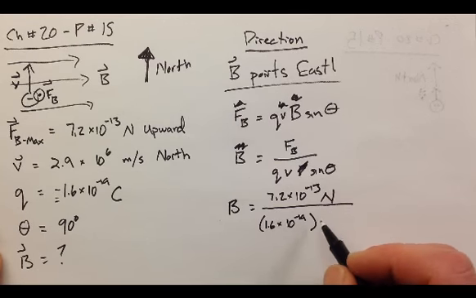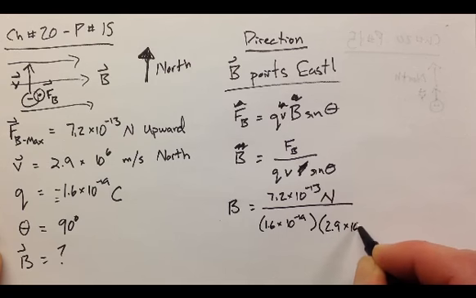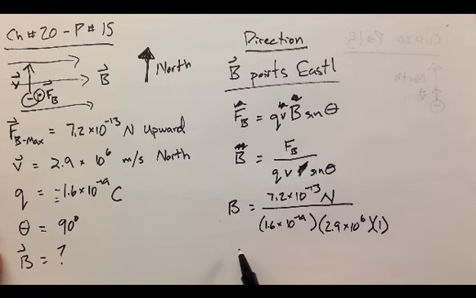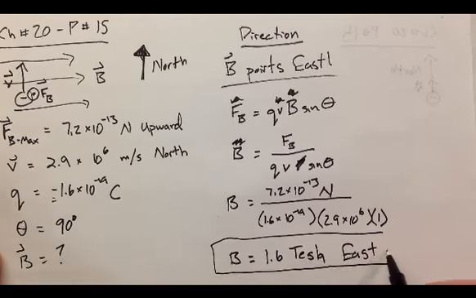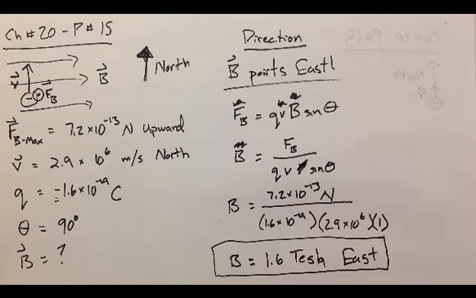Our speed, as we said before, was 2.9 times 10 to the 6th, and sine 90 degrees is 1. If we plug all of that in, we get a magnetic field strength of 1.6 SI units, which is the Tesla, and again, that was east. So the magnetic field in this region of space points east and has a magnitude of 1.6 Tesla.